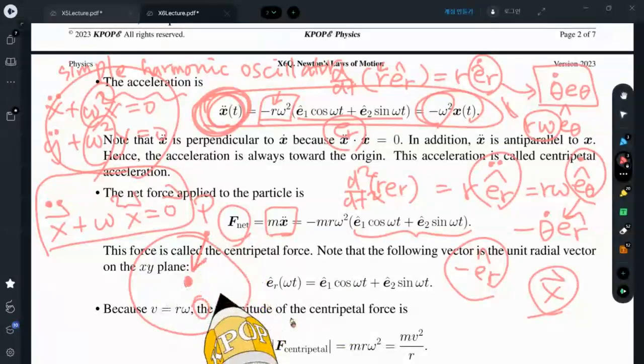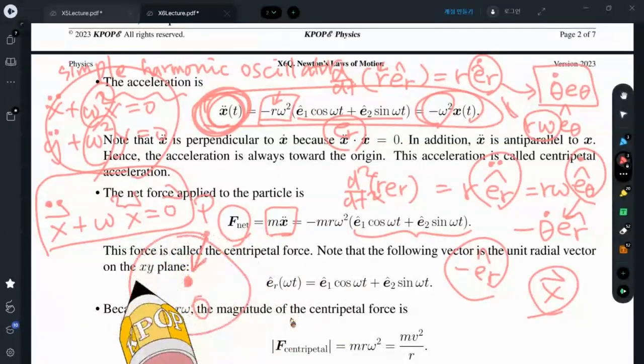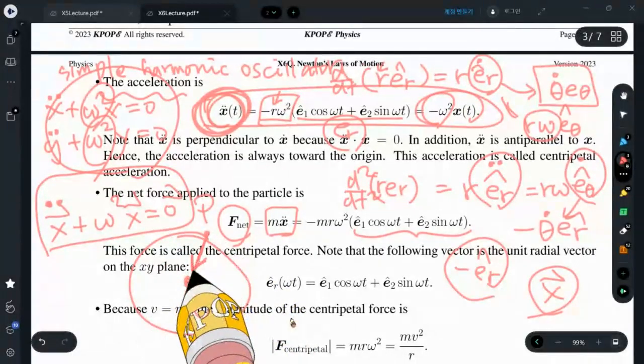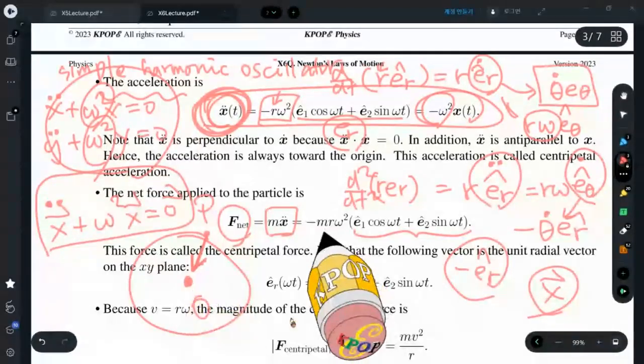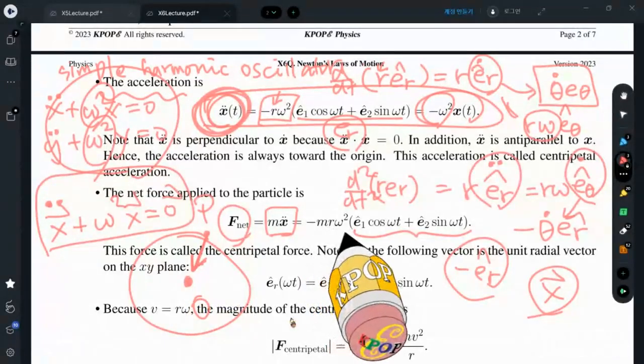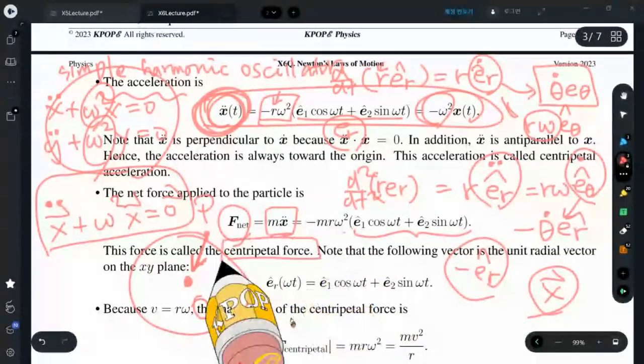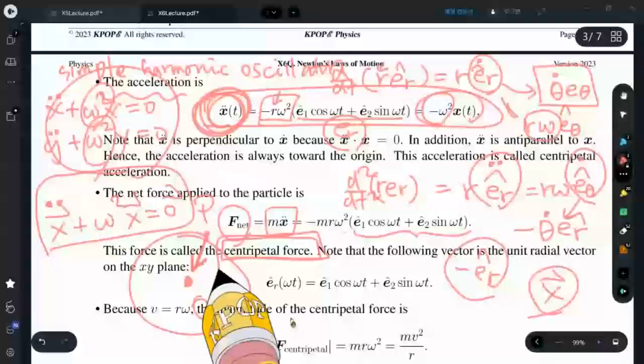So this kind of force that makes a particle undergo uniform circular motion is always toward the center, and its magnitude is m r omega squared. It is called centripetal force. It is not centrifugal force.